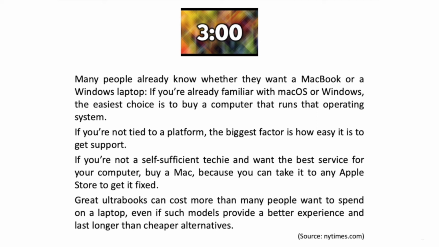If you're already familiar with Mac OS or Windows, the easiest choice is to buy a computer that runs that operating system. If you're not tied to a platform, the biggest factor is how easy it is to get support.